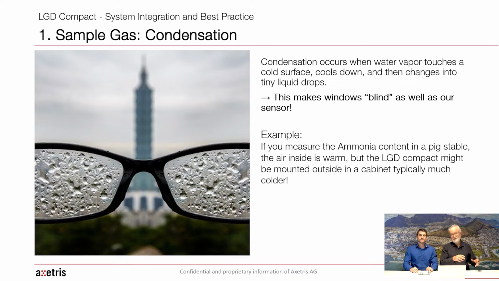And also typically all the control system and the measuring instruments are mounted outside the stable, where at least in wintertime it's pretty cold. So when you suck the air from this hot, wet area into the sensor, you will have condensation and it will not work properly.